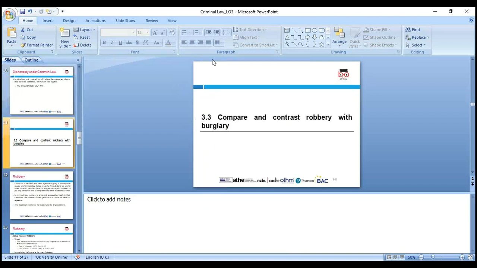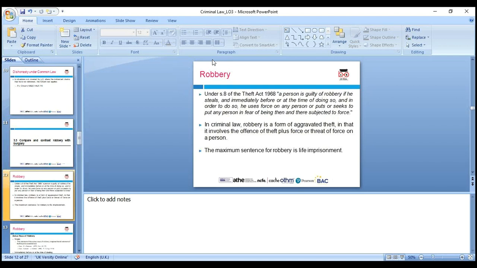Third, we have a comparison of robbery with burglary. Robbery under section 8 of the Theft Act 1968: a person is guilty of robbery if he steals, and immediately before or at the time of doing so, and in order to do so, he uses force on any person or puts or seeks to put any person in fear of being then and there subjected to force.